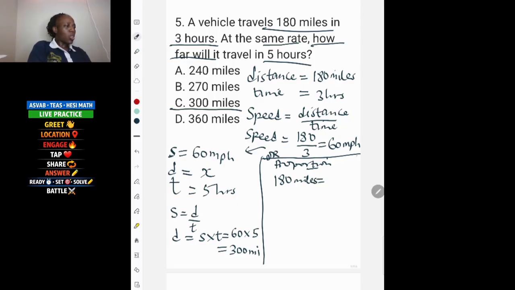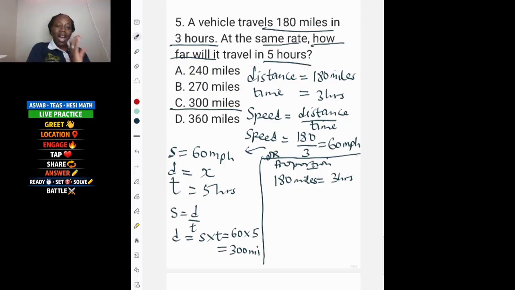We are using proportion now, but we used speed equal to distance over time earlier. This time I'm using proportion to solve it. So 1 area mile is to 3 hours. Then they said the same rate, so you don't need to bother yourself.